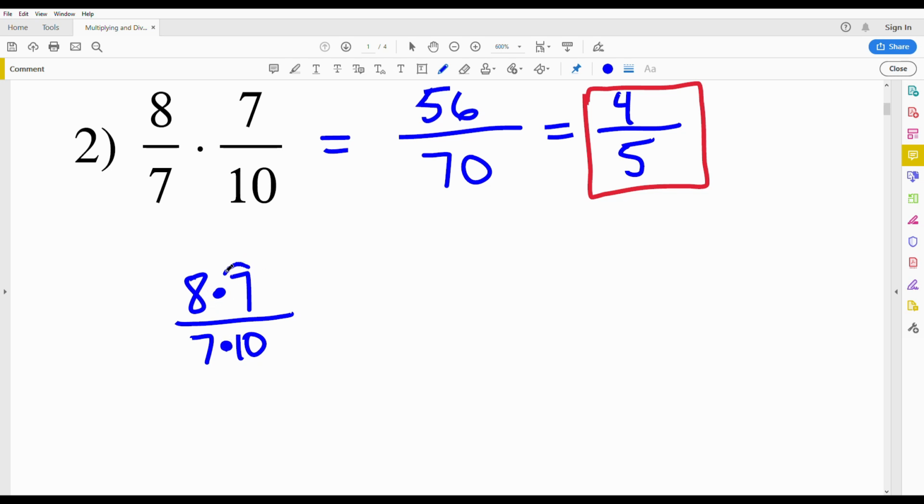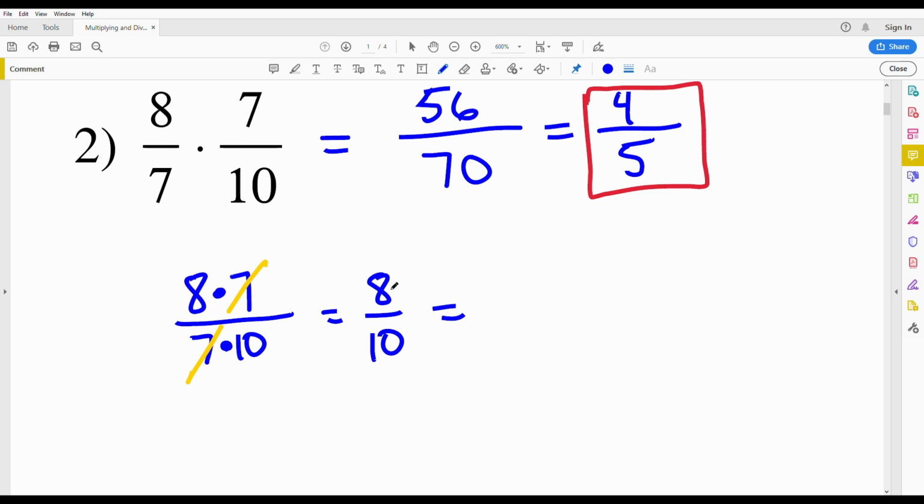If I have a 7 in my numerator and a 7 in my denominator, essentially 7 divides both. 8 times 7 divided by 7 is 8. 7 times 10 divided by 7 is 10. So I can just cancel out my 7s with each other, because 7 over 7 gives me 1. So now I'm just left with 8/10, which is a whole lot easier to simplify down.